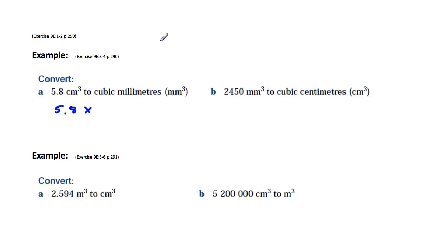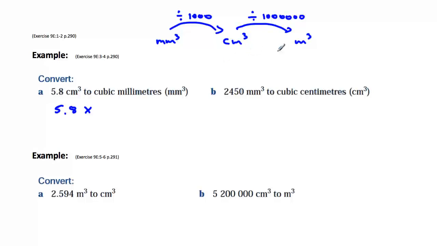Remember, millimetres cubed, centimetres cubed, metres cubed. Going this way, we divide by 1,000, divide by a million, and going this way, we times by a million.